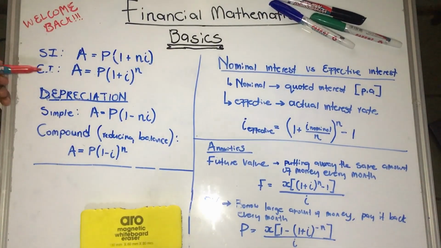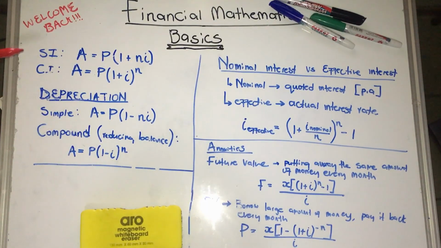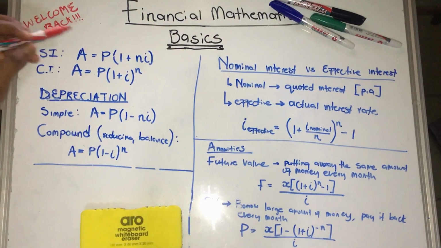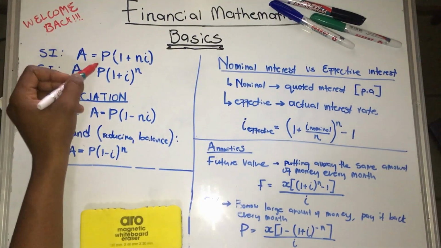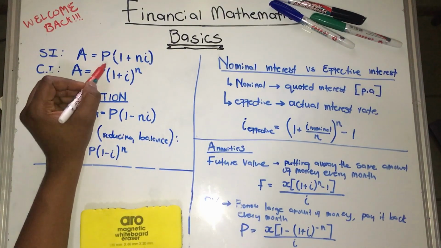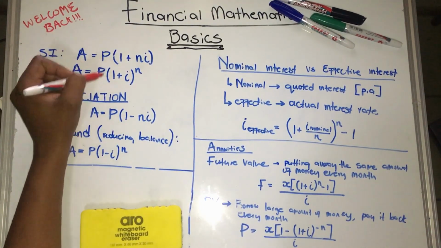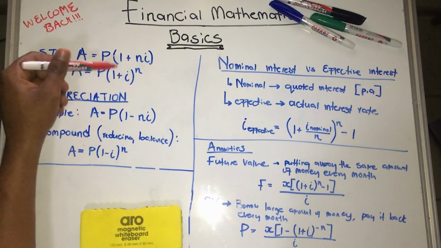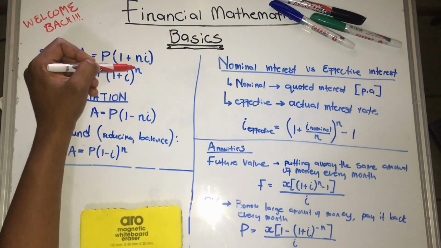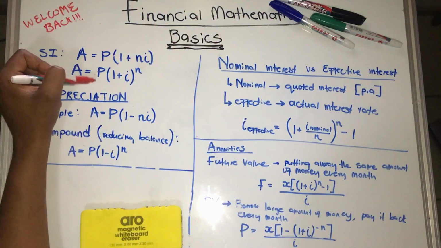Okay, so now taking it a step further, we have what we call compound interest. So what happens here is that you still have your principal amount, or the amount that is borrowed initially, but now we're charging interest based on the balance at that time, not the amount that you've borrowed.